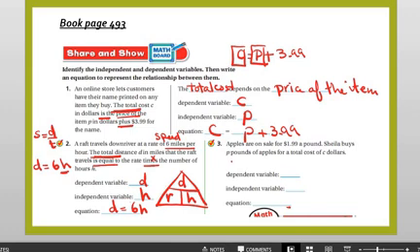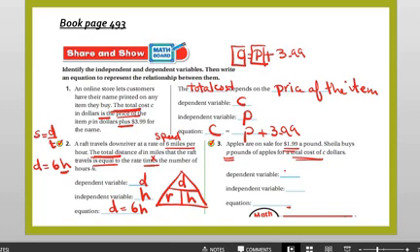Okay, guys? The third question, apples are on sale for $1.99 a pound. The pound costs $1.99. Sheila buys P pounds. Do we know the amount of pounds she's buying? No. Of apples for the total cost of C dollars. So I have some keywords.